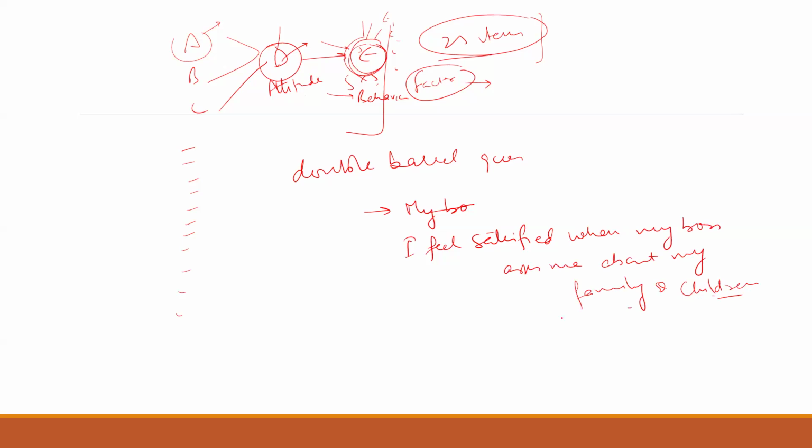These are two different things, right? So what if a boss asks about the family and does not ask you about the children? Then do you feel satisfied or you don't feel satisfied? Right?